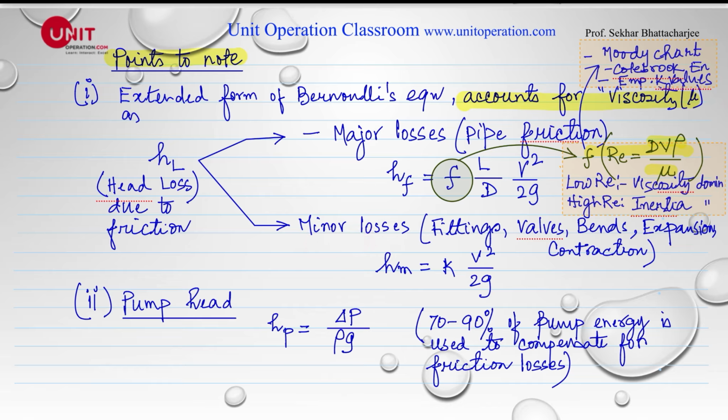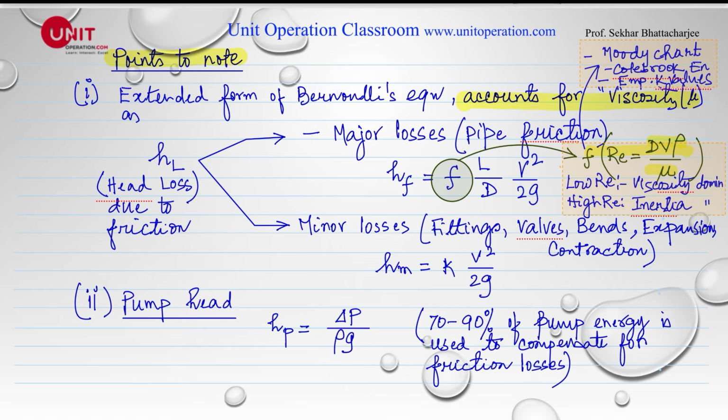Minor losses are for fittings, loss of head due to fittings or energy per se, fittings, valves, bends, expansion, contraction, etc. And for each type of fitting, valve, bends, we know there are certain values of K which we use. Important thing to see is that these losses are proportional to V squared. Therefore, you must be very careful about the velocity you're going to use because the loss is going to be proportional to the square of the velocity. And the pump head, of course, is given by this one here.